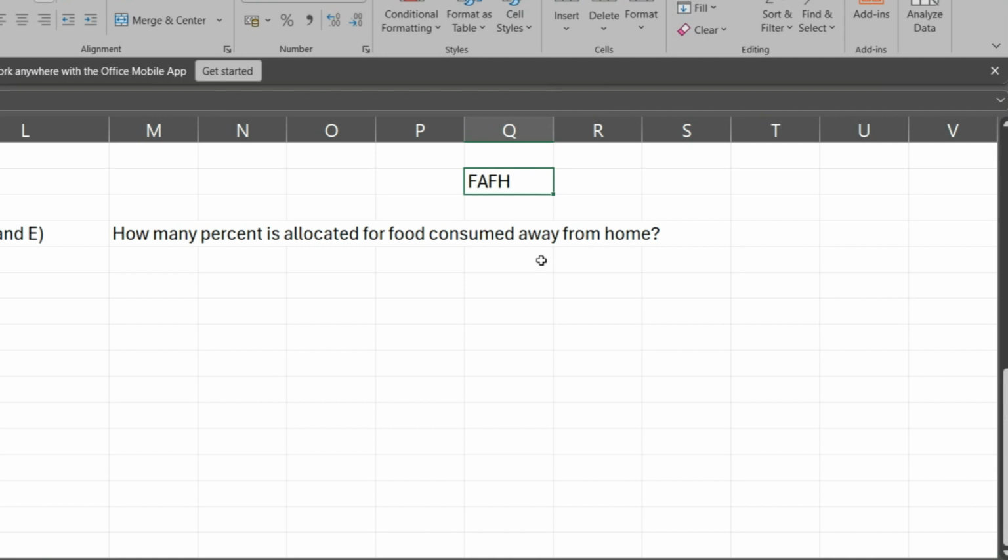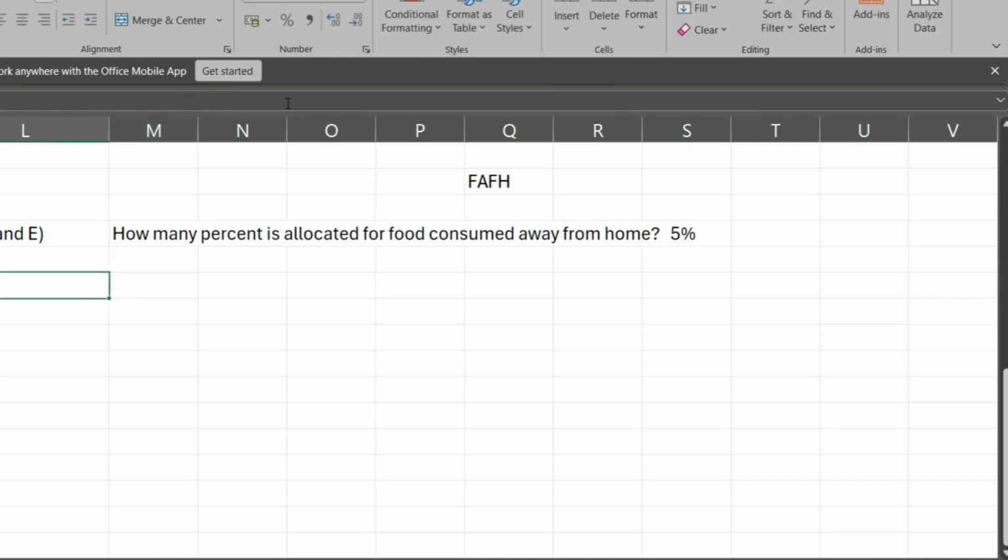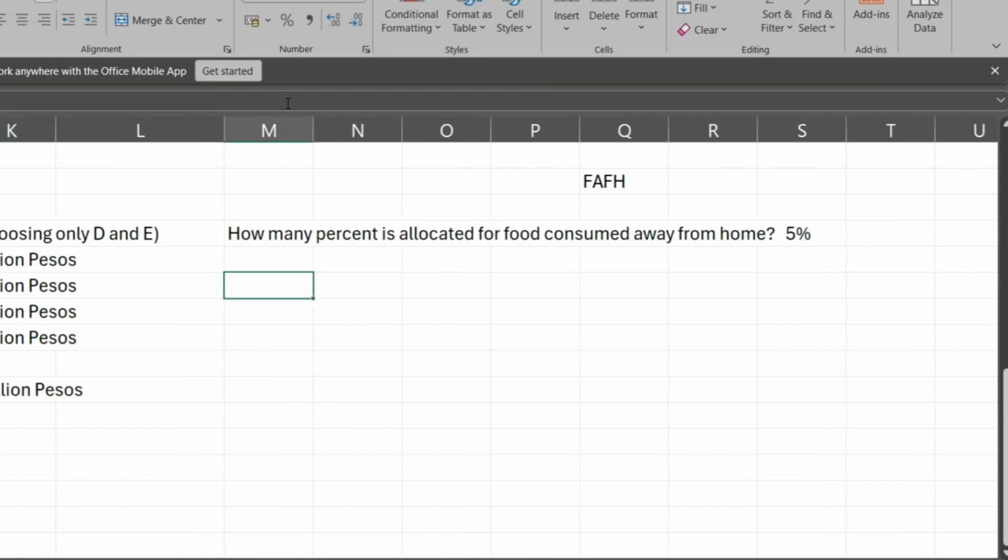So it will give you FAFH is about 5% for food consumed away from home. So let's just assume that previous years, 2015, 2018, 2012, is the same. So that's 5%. But of course, if we see newer data that suggests otherwise, we will have to change this. So 5%, right?